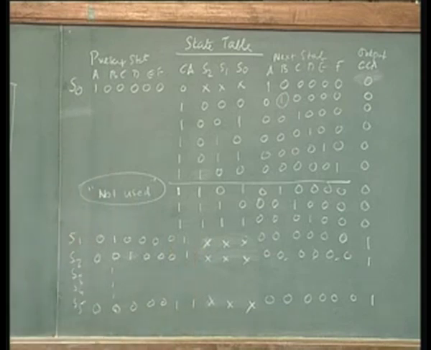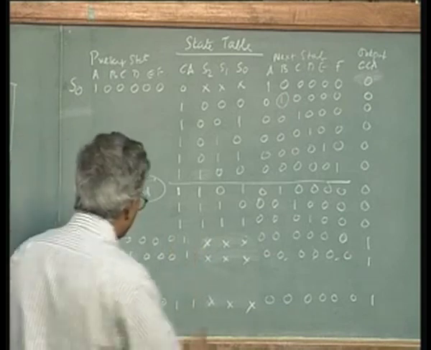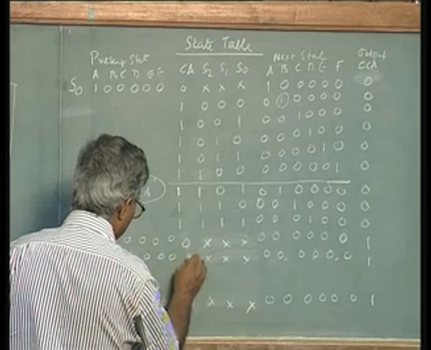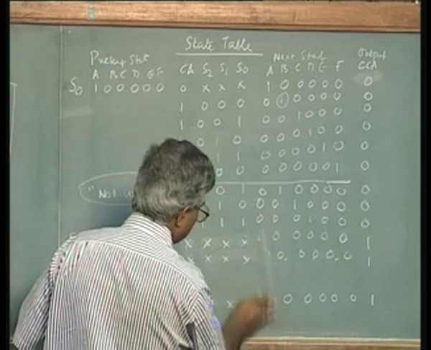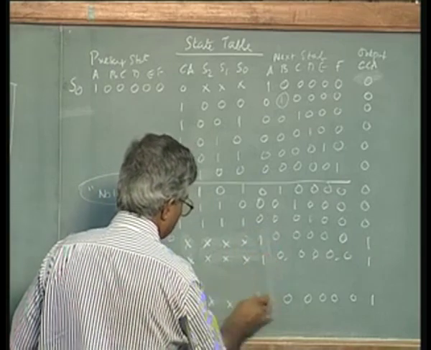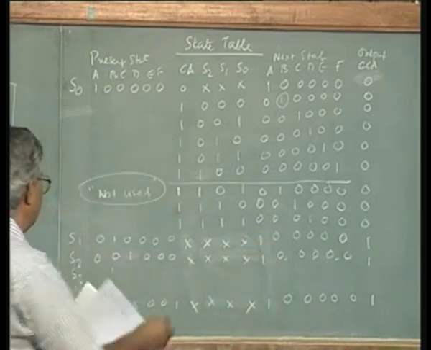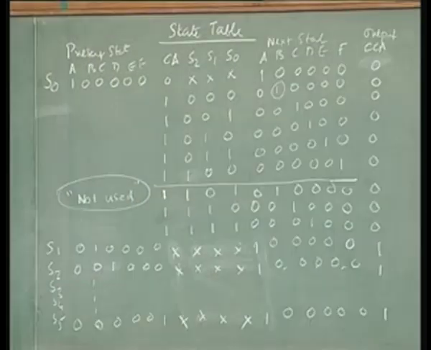I think I made a mistake here in this table, this should be 0. Any of these signals will lead you to the next state.